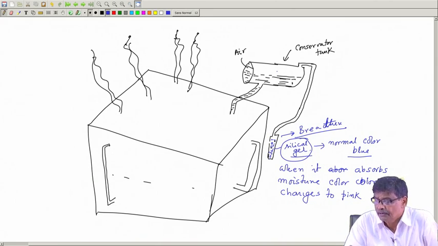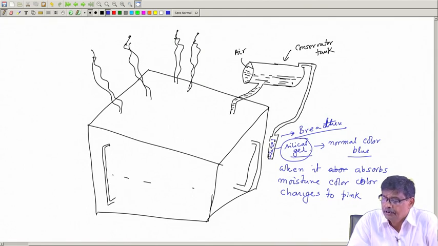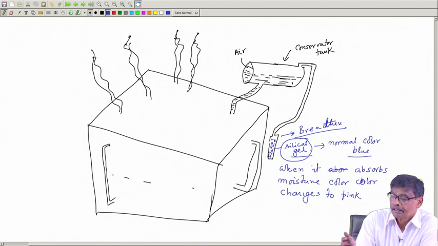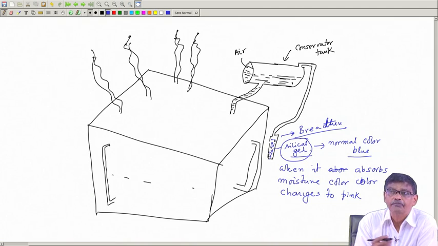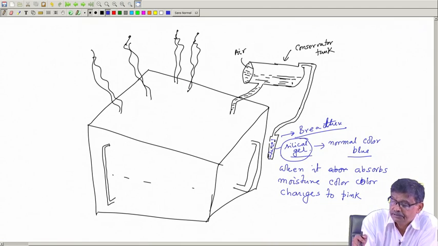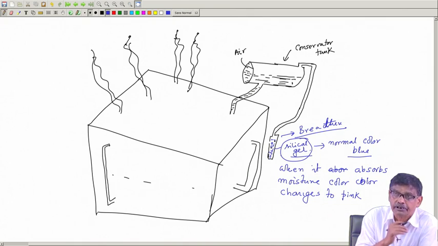Okay. So, this is how silica gel will prevent entry of moisture into the transformer tank and coming in contact with oil and trying to deteriorate it.